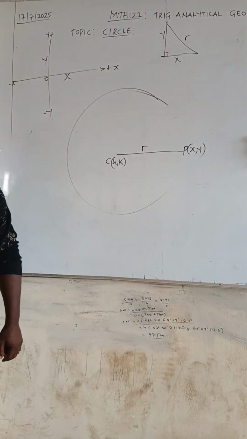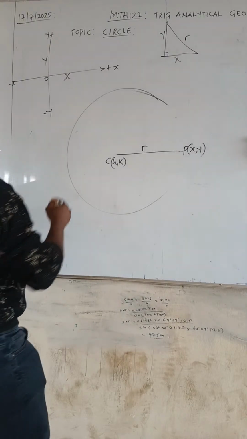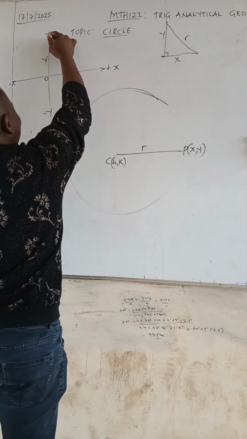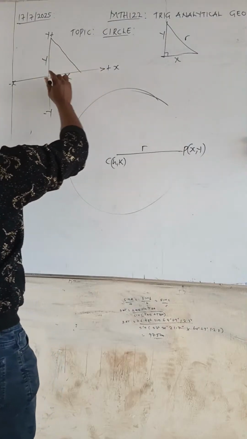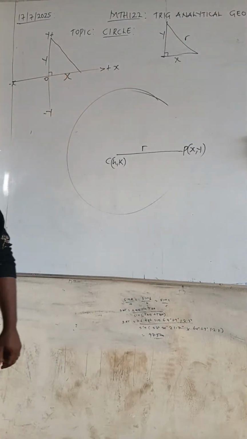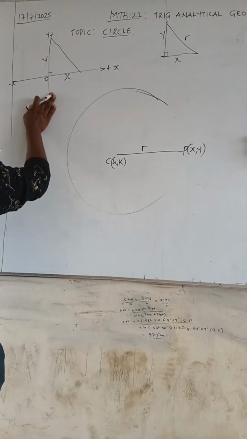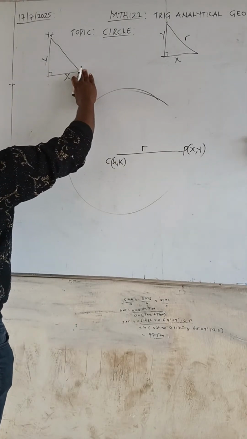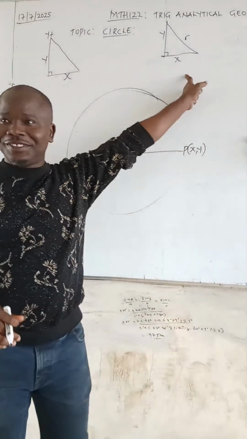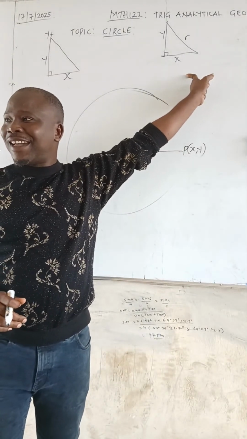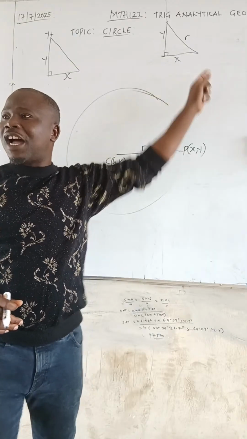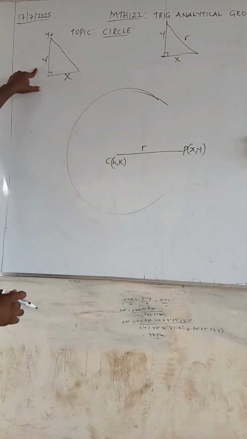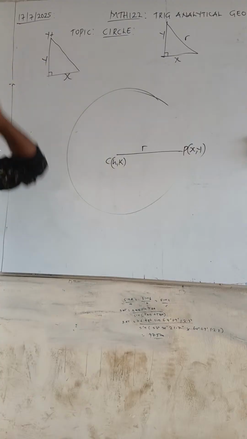So now, by the time we join this distance, we now have our hypotenuse. Can you see now? Amen? Are you seeing now? This is how we obtain our right angle triangle.